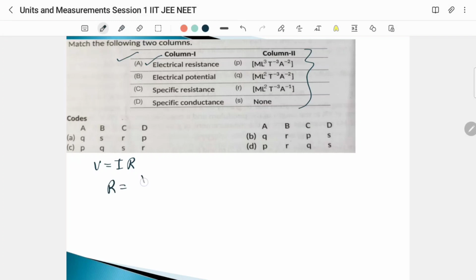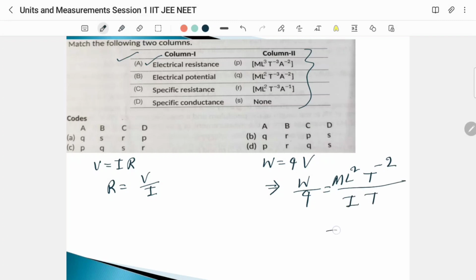So resistance has the dimension of V over I. If you remember, we used the dimension of potential using this equation, that is the dimension for work done, and this is the dimension for charge, which is I into T. So the dimension for resistance becomes M L square T to the power minus 3 I to the power minus 2.